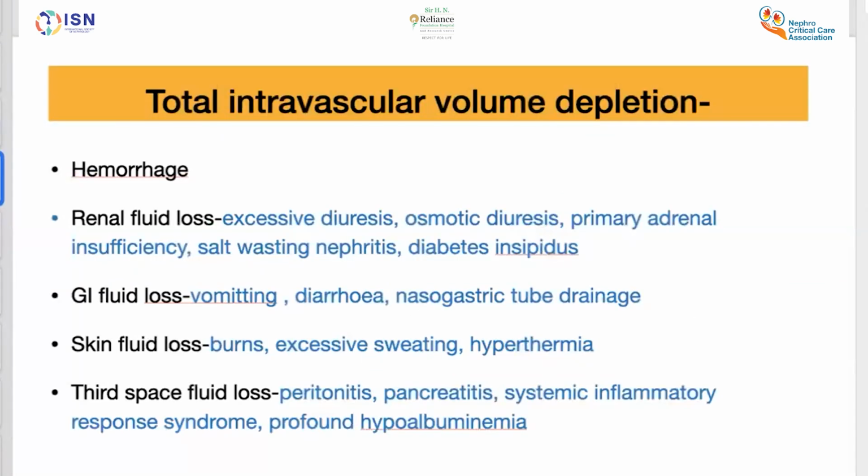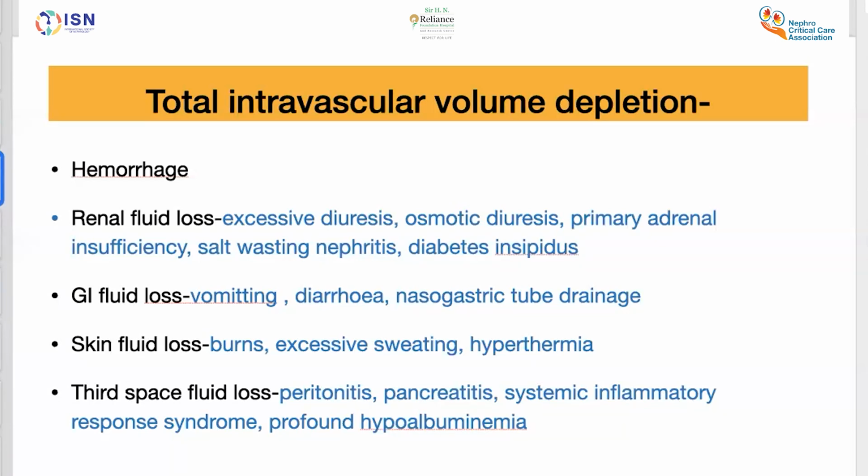Total intravascular volume depletion may be due to hemorrhage, or renal fluid loss from excessive diuresis, osmotic diuresis, primary adrenal insufficiency, salt wasting nephritis, and diabetes insipidus.